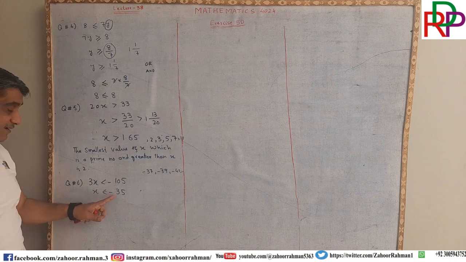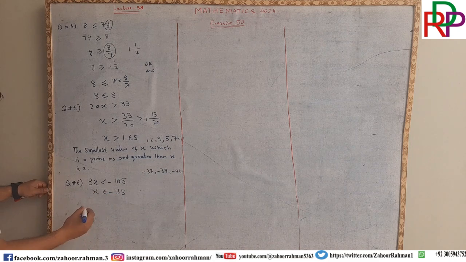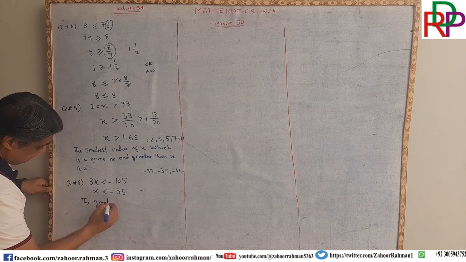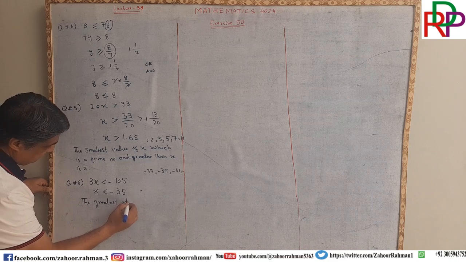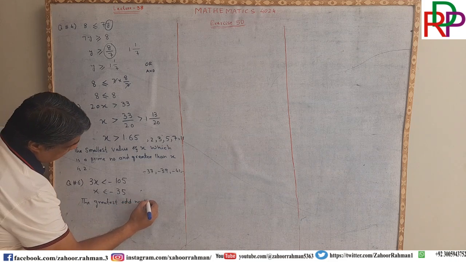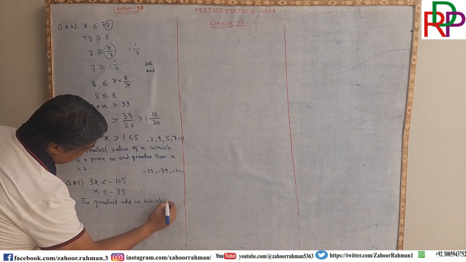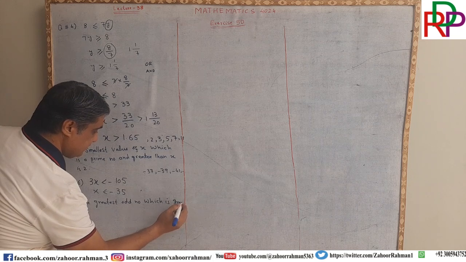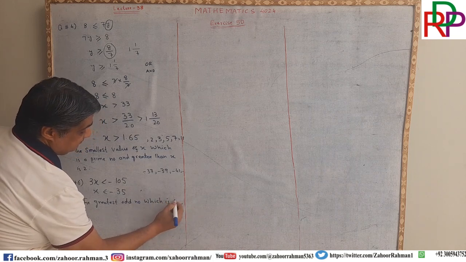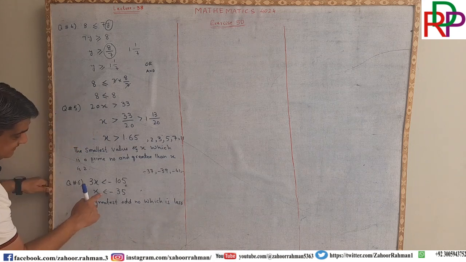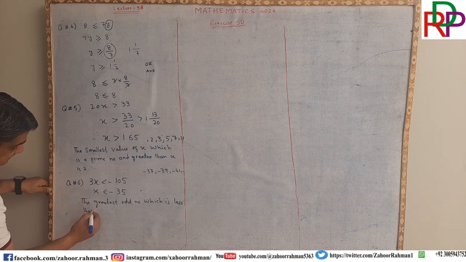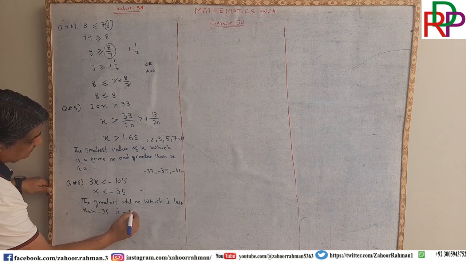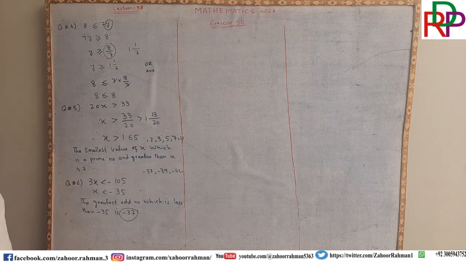So the greatest odd number which is less than minus 35, this is the less than symbol, is minus 37. So minus 37 is the answer.